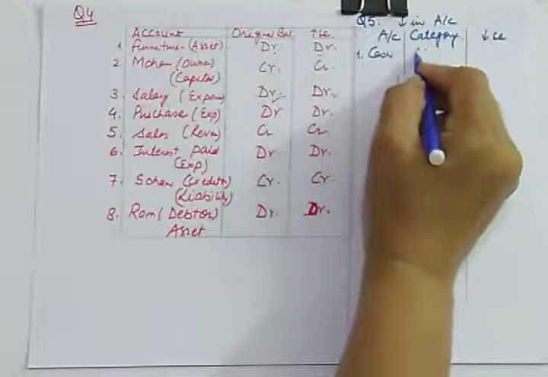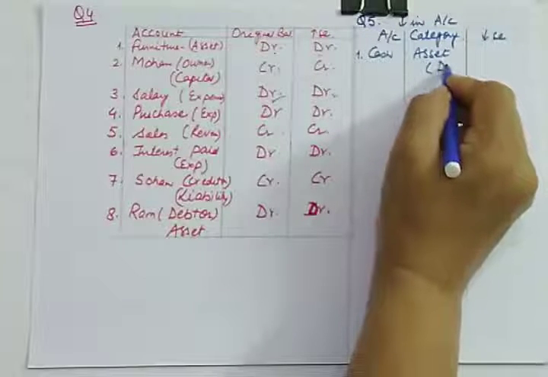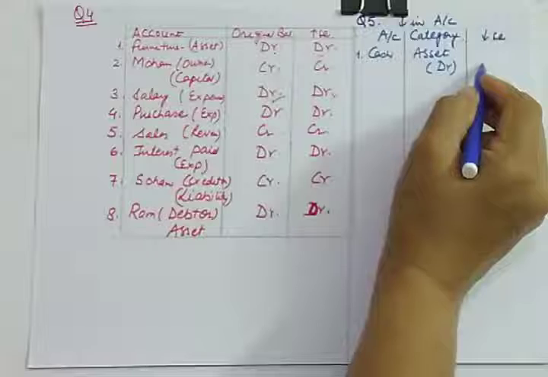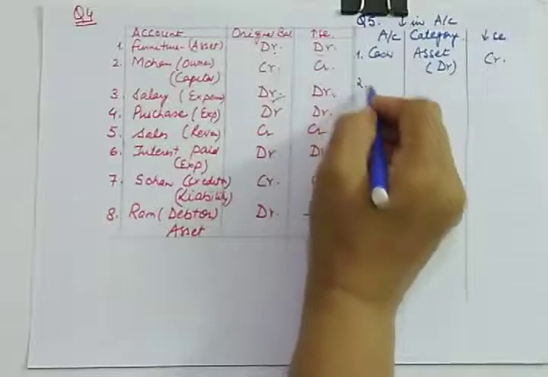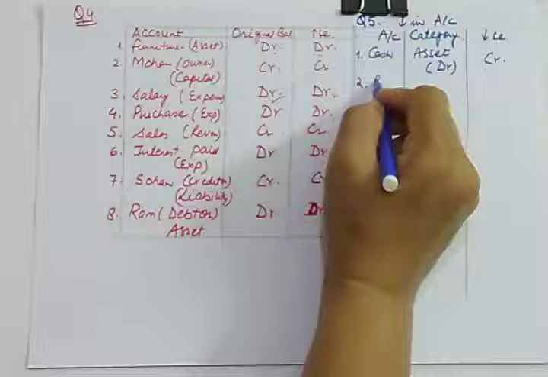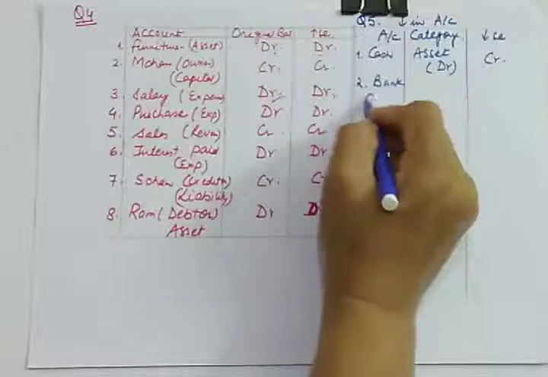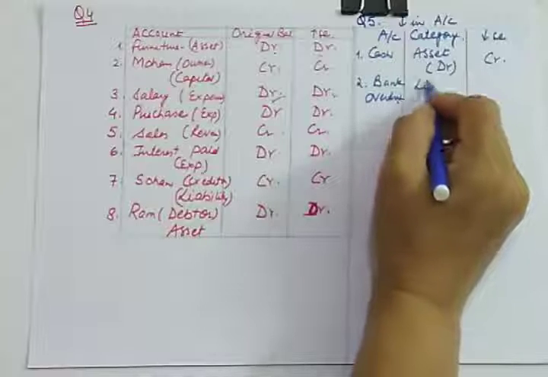So first account, which they have given, is cash. Cash will come under which category? It is an asset. Original balance of asset is debit, but if you want to decrease, it will be credited. Now second is bank overdraft. Bank overdraft is your liability.